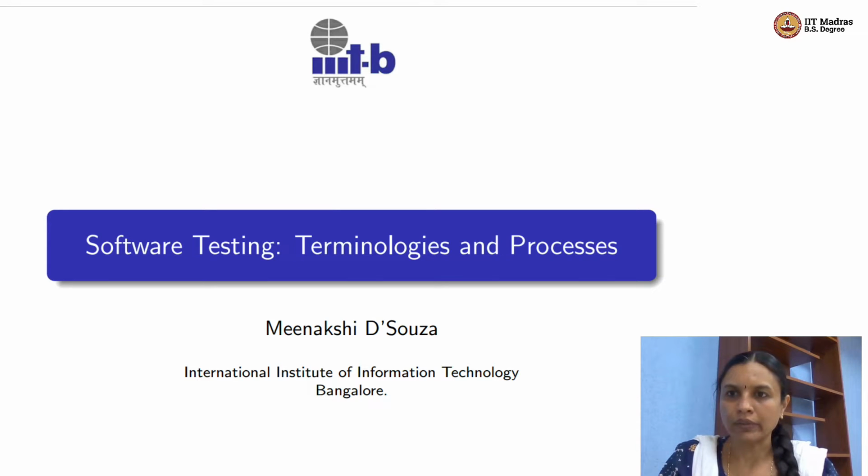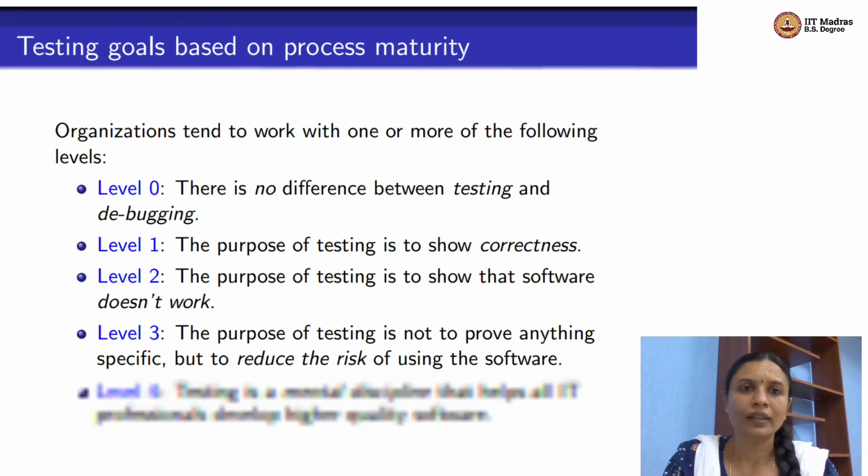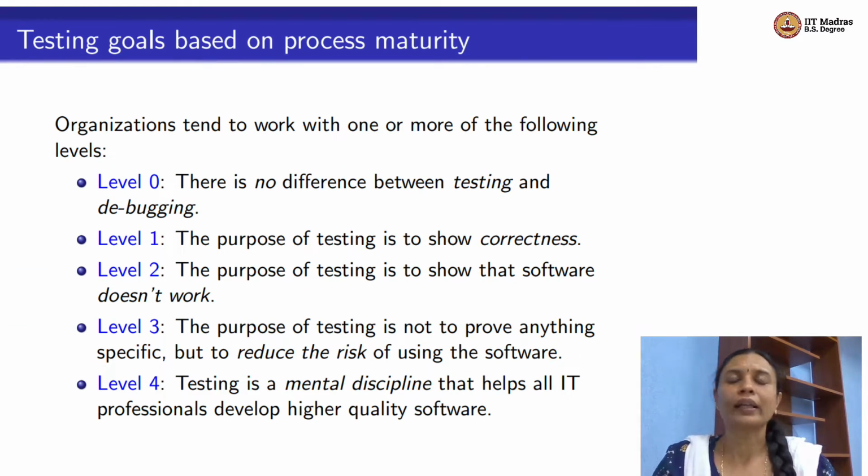So we saw all the basic terminologies last week in the last class. Let's move on and look at what would be the goals of testing based on what an organization wants to do. Testing is usually heavily dependent on the nature of the software product that is being developed, on the nature of the organization that is developing it, how big or small it is, and how mature they are in terms of setting up their quality processes.